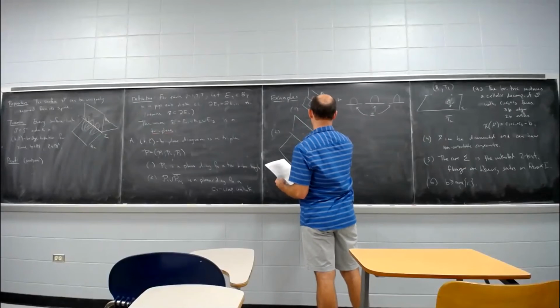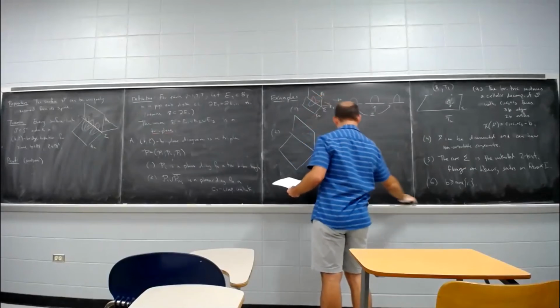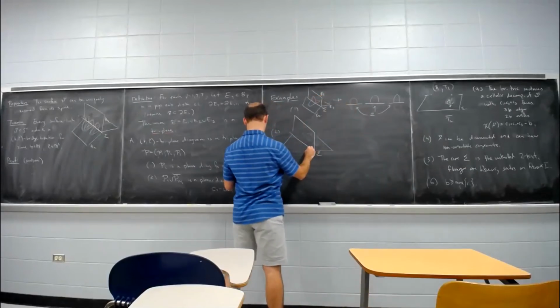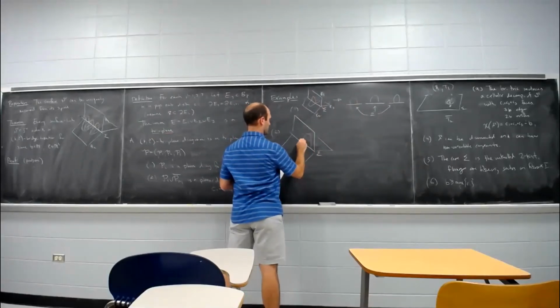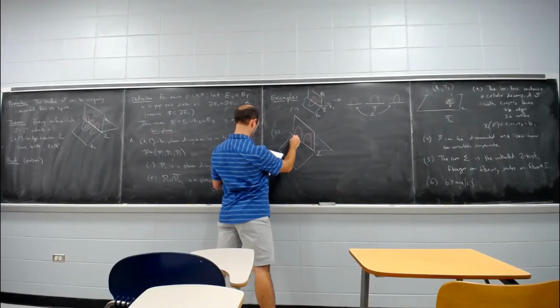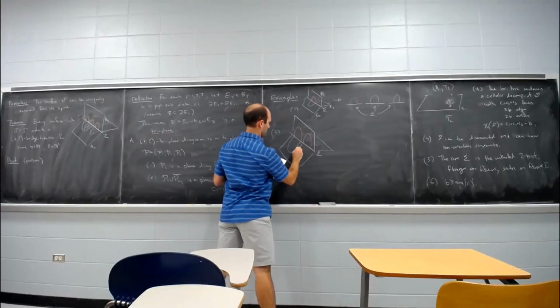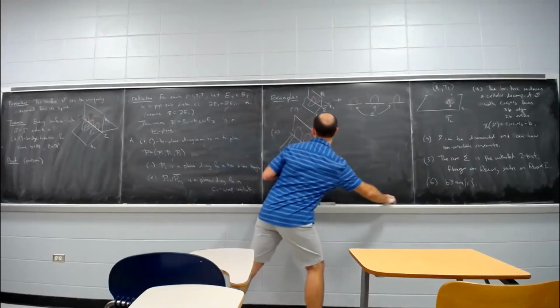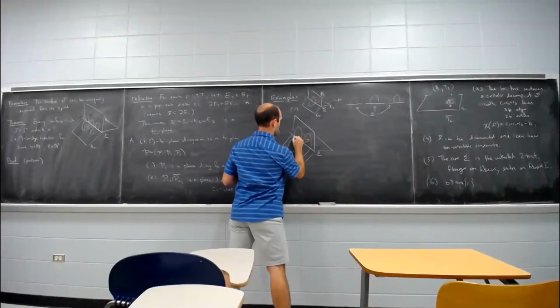So here's our triplane again. This time we'll take a tangle that looks like this. That's a 2-tangle, and in this piece we'll put something a little more complicated. And then in the last piece we'll have this.